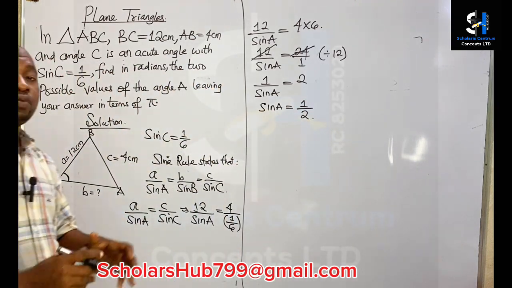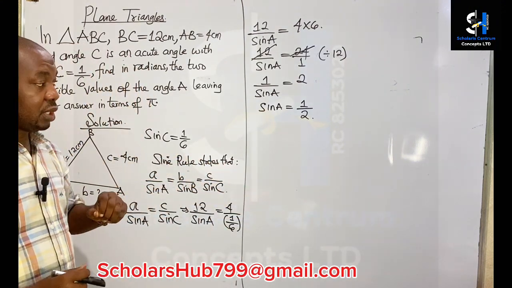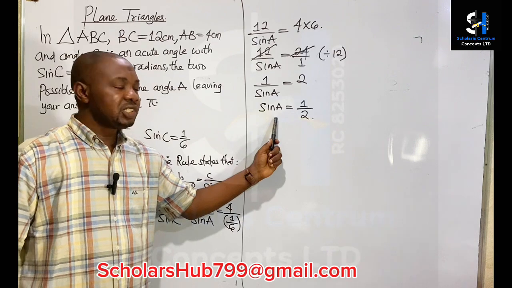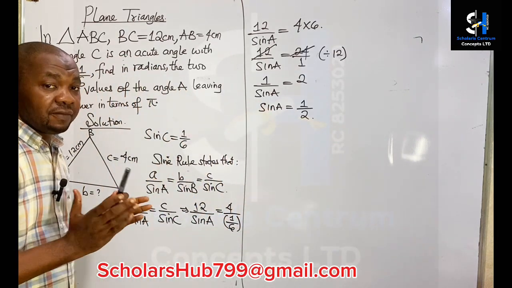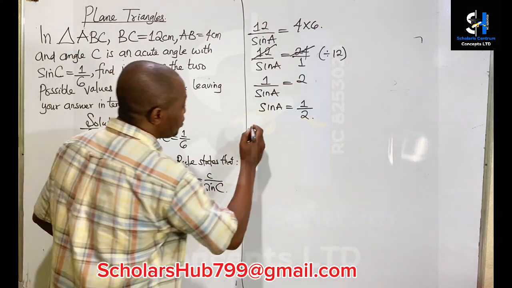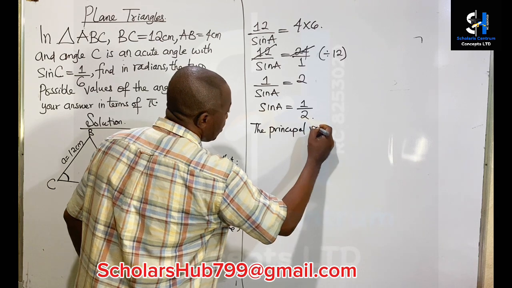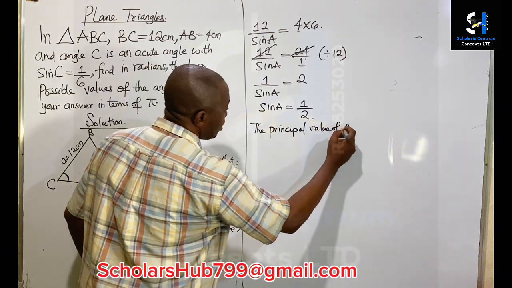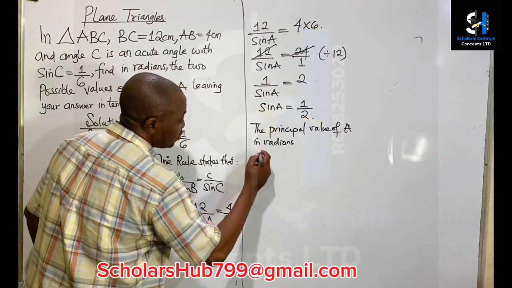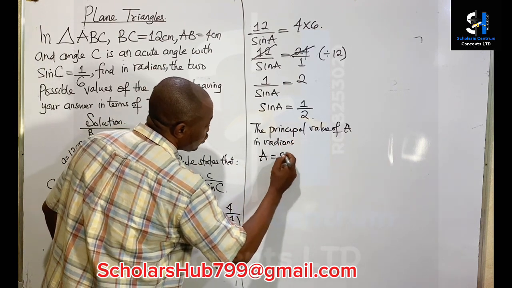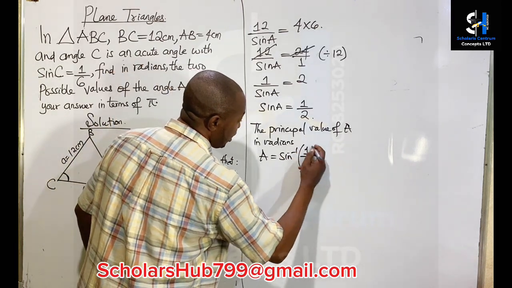Now remember, we want to determine the two possible values for angle A in radians. So let's find the principal value of A, which is the first value. The principal value of A in radians will be when A equals arc sine, or inverse sine, of 1/2.